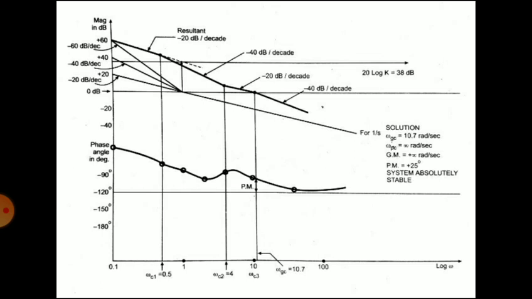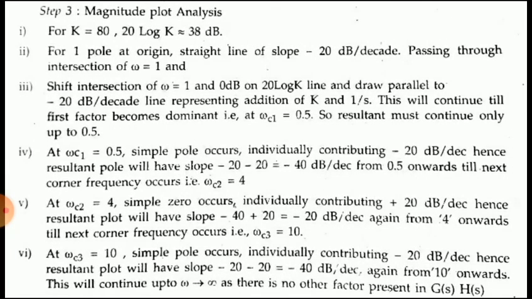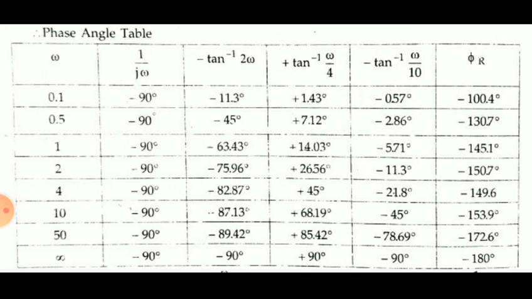Then the phase angle plot. So this is the procedure that is shown to draw the magnitude plot for the system gain, for the poles or zeros at origin, then the simple poles and zeros, and if there are any quadratic poles. Then the phase angle plot.